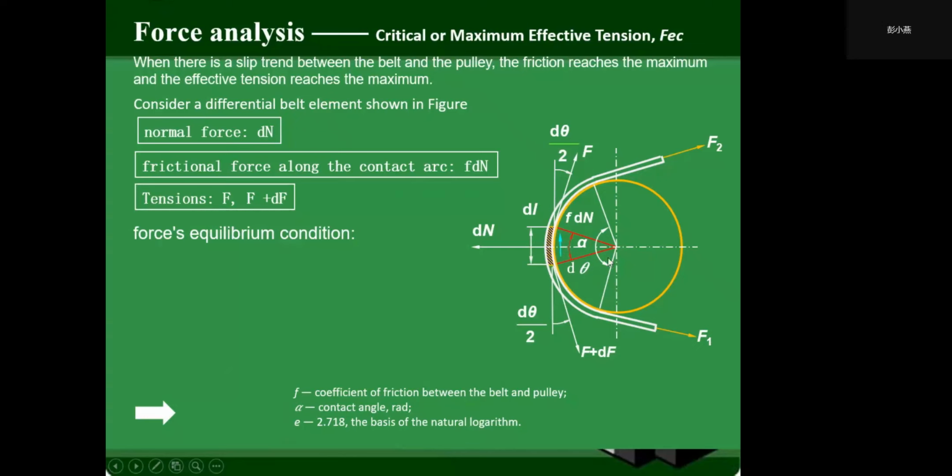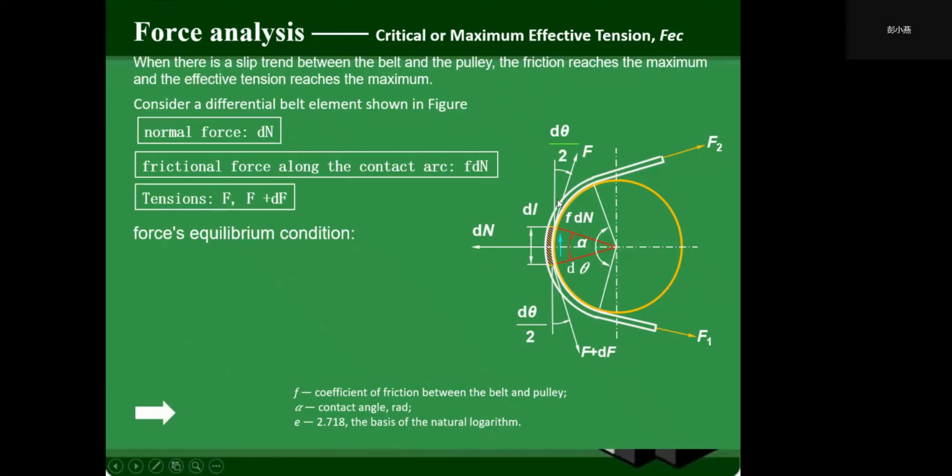Consider a differential belt element shown in this figure. The belt is subject to a normal force dN and a frictional force f dN along the contact arc, and the direction of the frictional force is vertical up.